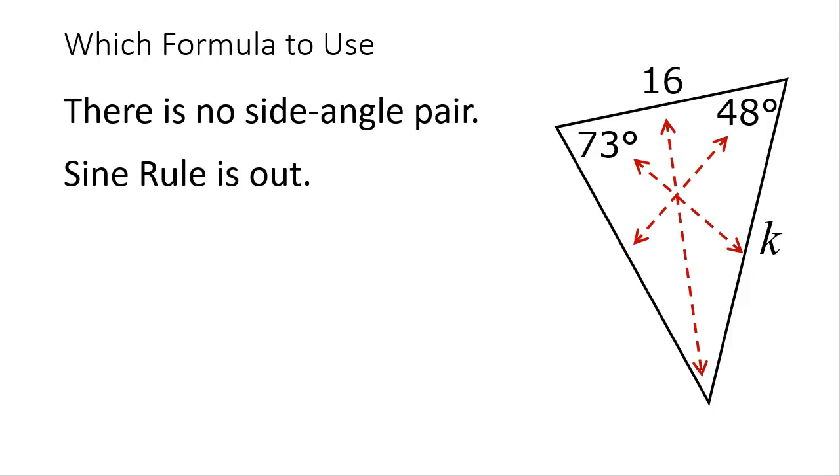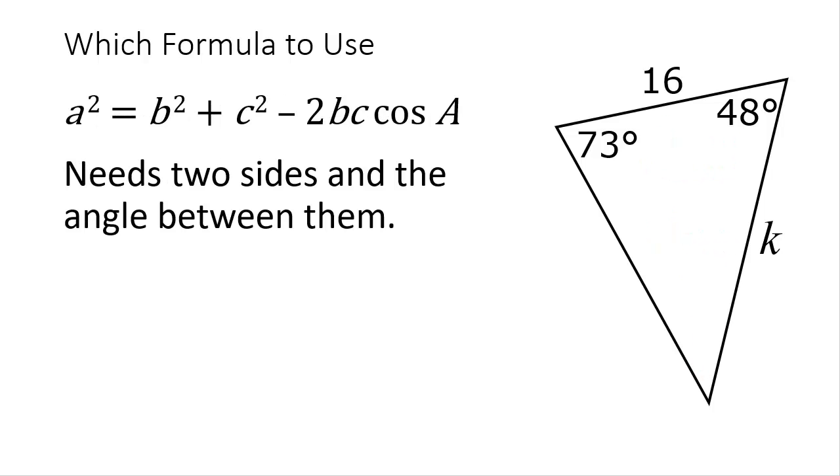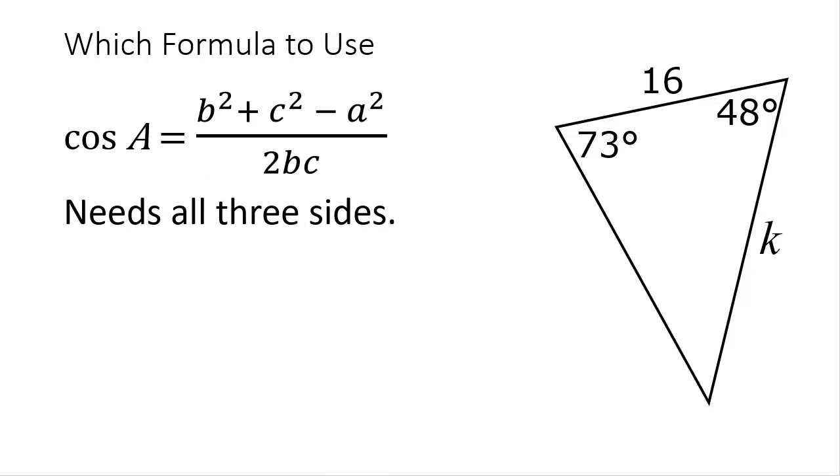but there's no side angle pair, so we can't use the sine rule. We can't use this version of the cosine rule because it needs two sides and the angle between them, and we only have one side. We can't use this version of the cosine rule because we need all three sides.